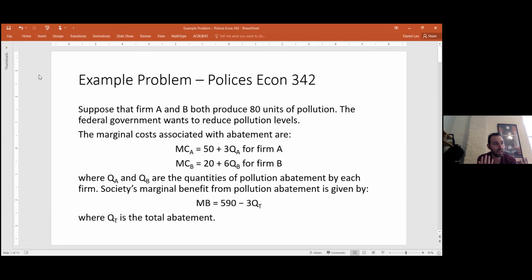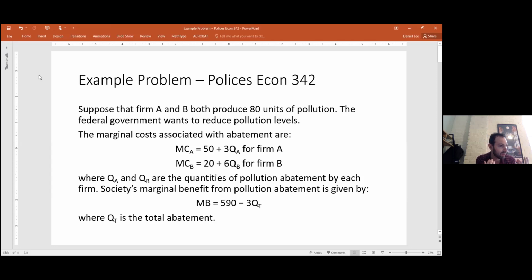Suppose that firm A and firm B both produce 80 units of pollution. The federal government, some regulatory body, wants to reduce pollution levels. We're given some marginal costs per firm associated with pollution abatement. The marginal cost for firm A is 50 plus 3Q, and that Q is the amount of abated units of pollution.